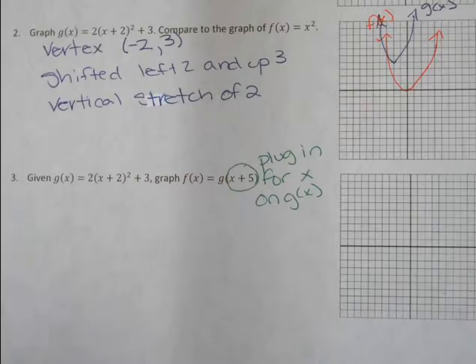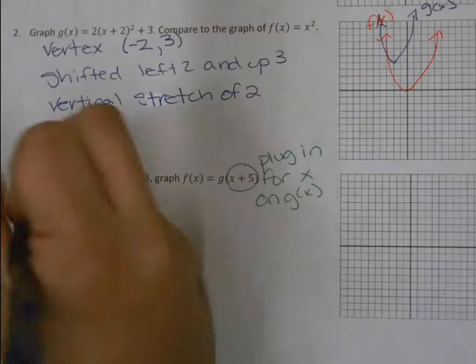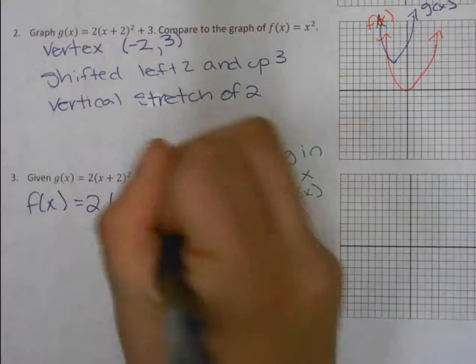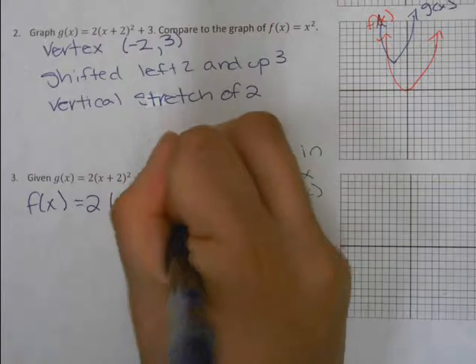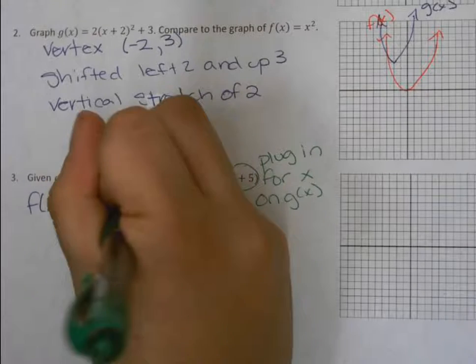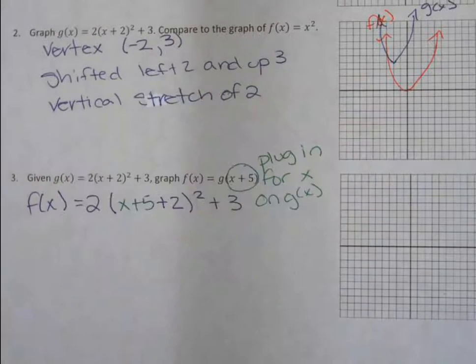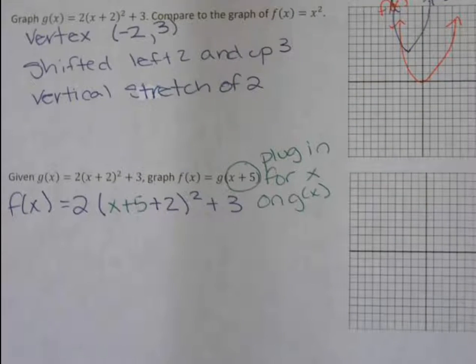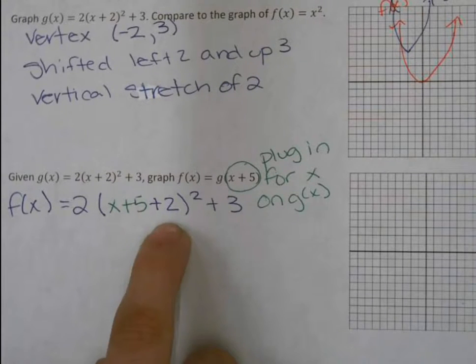So the first step I'm going to do is rewrite f of x. So I plugged in x plus 5 instead of x in my original equation. Then I want to combine like terms, so 5 plus 2 is 7.